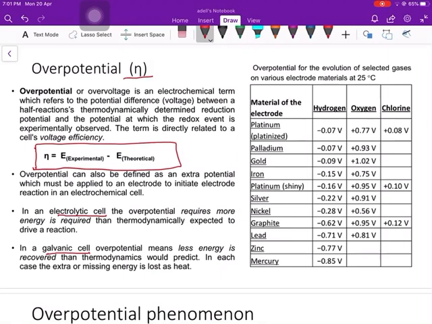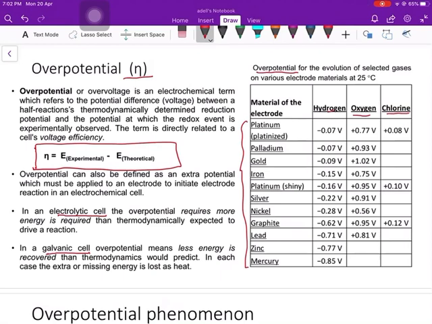So look at this table. These are the overpotential values for hydrogen evolution on different materials, for example hydrogen evolution, oxygen evolution, and the formation of chlorine gas on different metals. First is platinum.